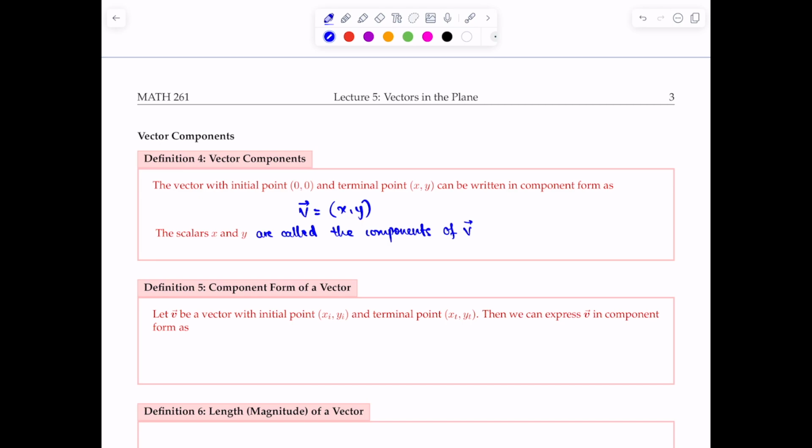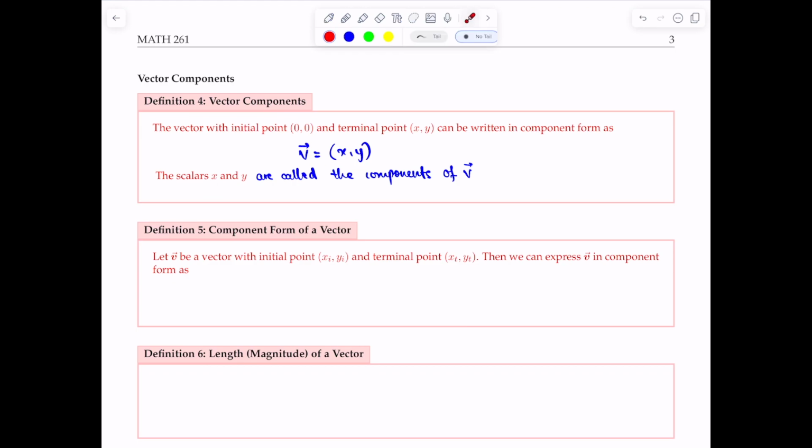How could you get v equal to x, y, given the initial point 0, 0 and the terminal point x, y? The idea is that you perform the calculation: the x component of the terminal point subtract the x component of the initial point, and for the second component, the y value of the terminal point subtract the y value of the initial point.